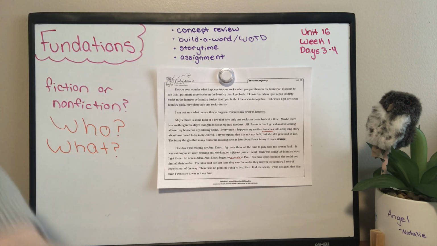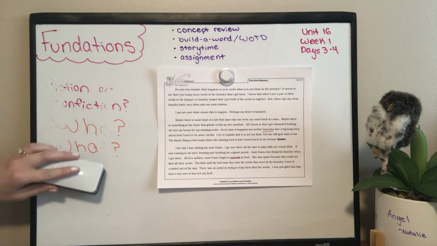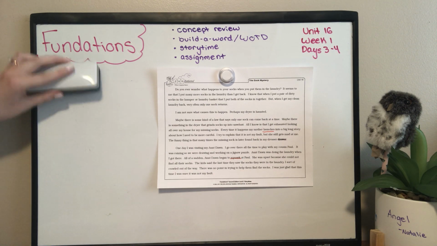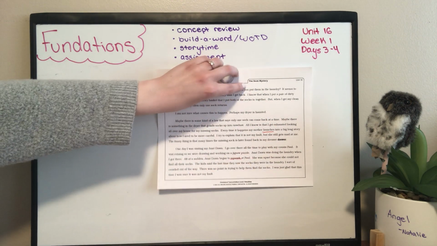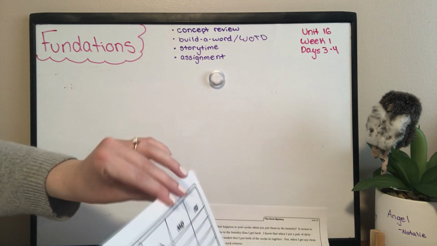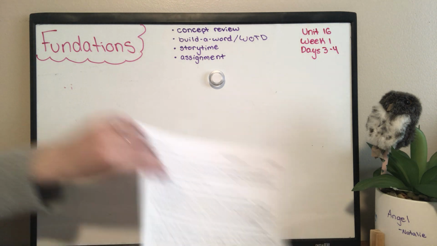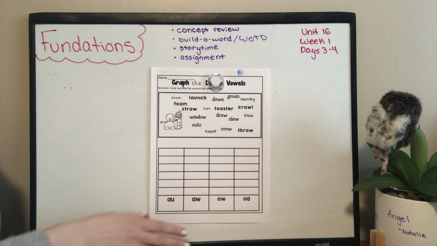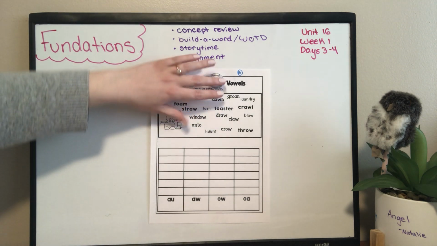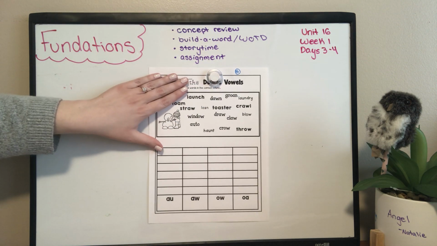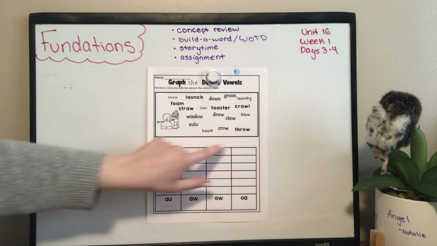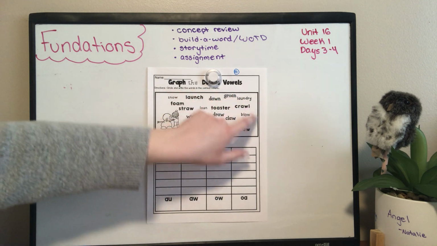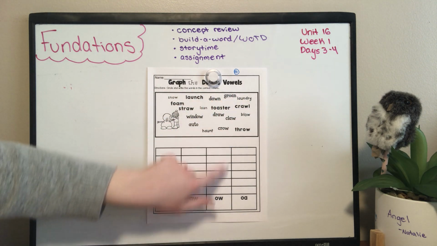Now it's time to talk about our assignment for today. Your assignment for today, which I want you to do after this Foundations video is over and then take a picture and send to me, is graph the double vowels. You can't see the title, but that's okay. There are a bunch of words up here that need to be sorted out.